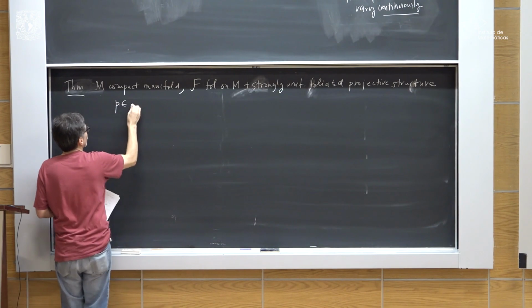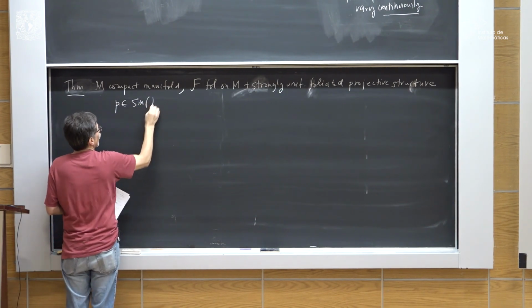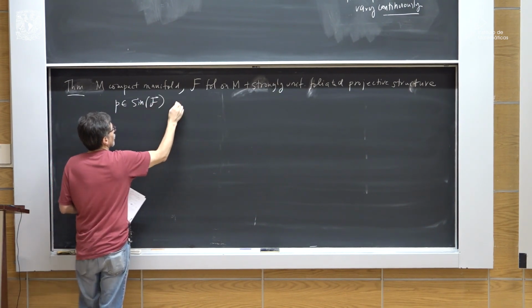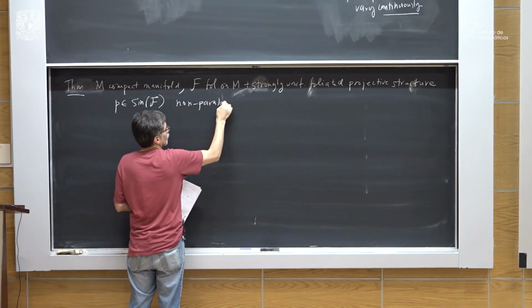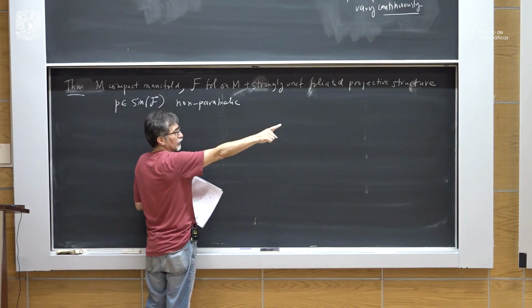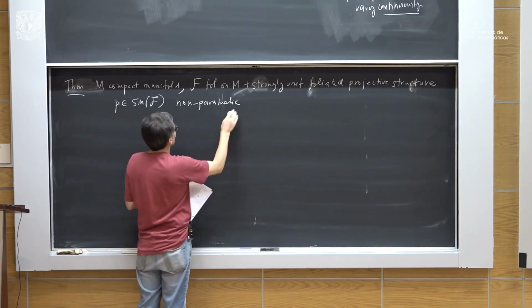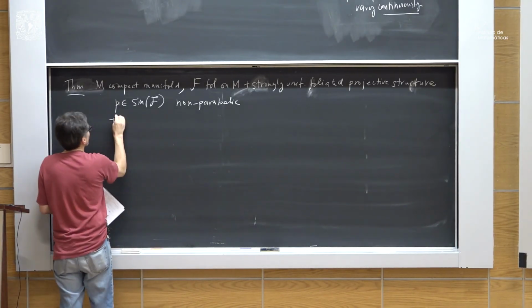Suppose that you have a point P, a singular point of F that is non-parabolic with respect, in that sense, with respect to your foliated projective structure.